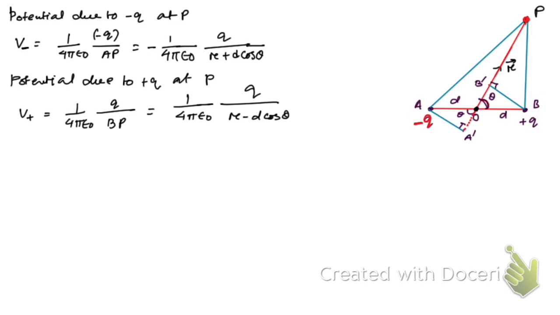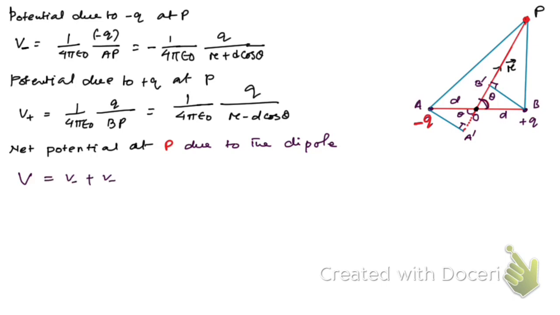So what is going to be the net potential at P due to the dipole? That is V is equal to V negative plus V positive, right?